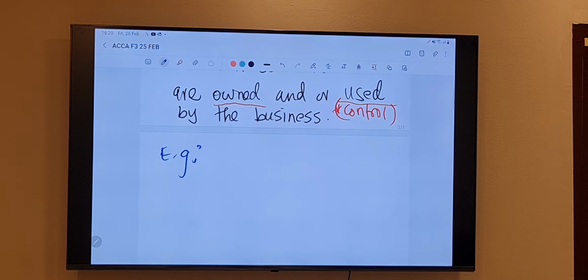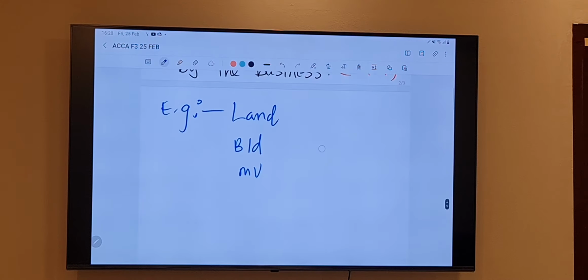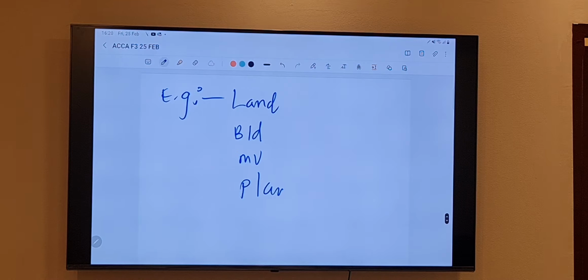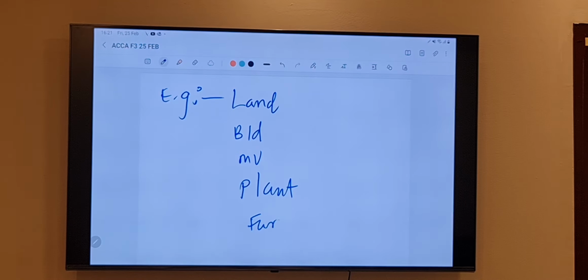A lot of examples we can think of for assets. I will start with land, building, motor vehicle, plant, furniture. Now what about this type of asset? Receivable. Is it an asset or not? Yes.